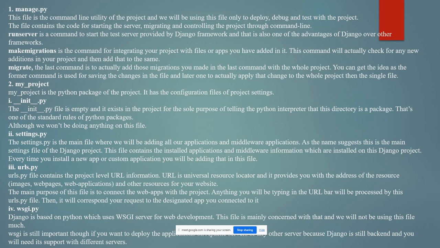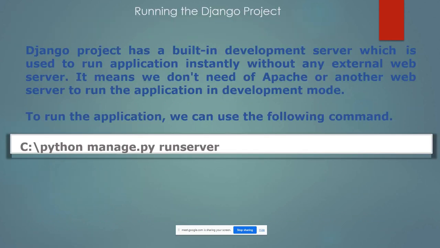It is used to deploy the application on the live server. That is the use of wsgi.py, and it works when you upload to the server. So these are the file structure of Django.